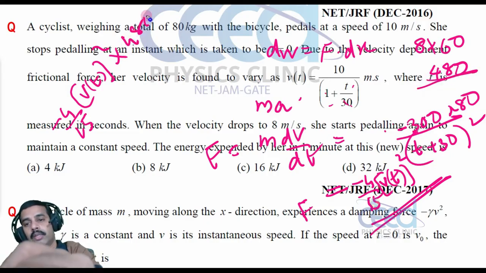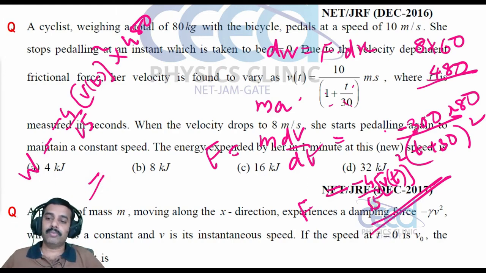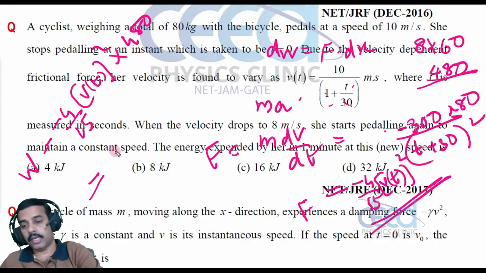That will be the work done. Now you can substitute t is equal to 30 in the v of t expression, and simplify this. Then you will get the answer as 8 kilojoule.